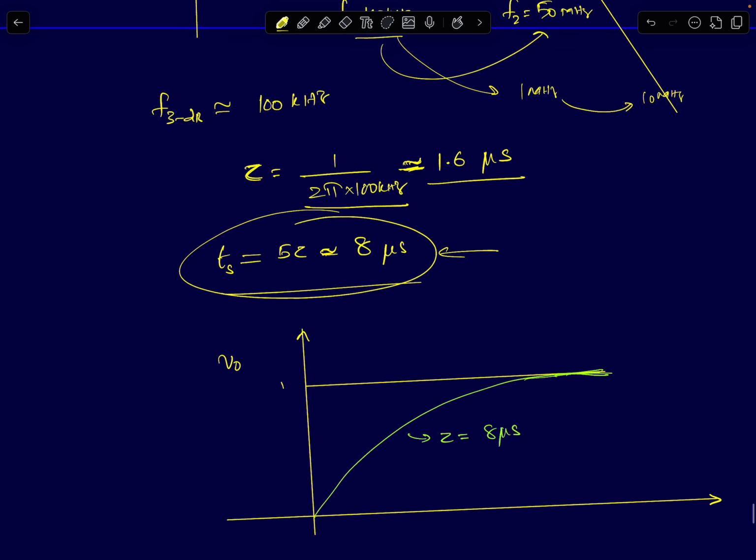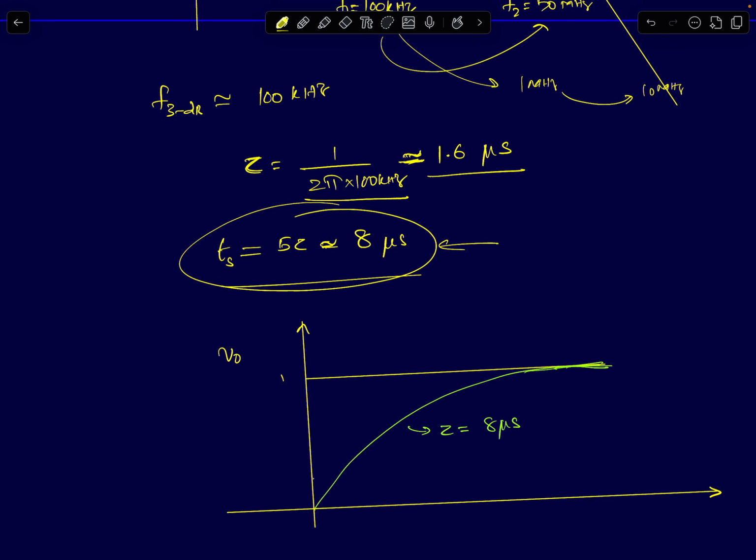So if I apply a differential step input of 1 millivolt, the output will be 1 millivolt times the DC gain, which is 1000. It will be 1 volt. That's the steady state output voltage.